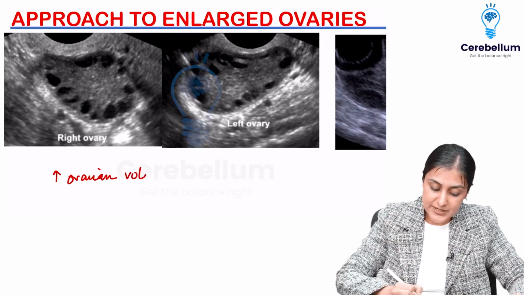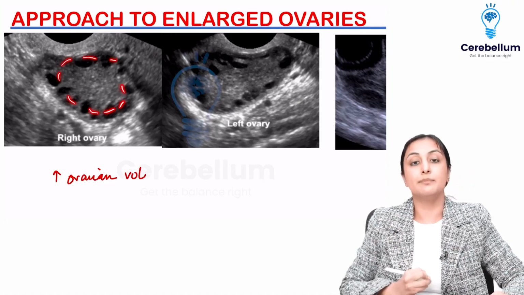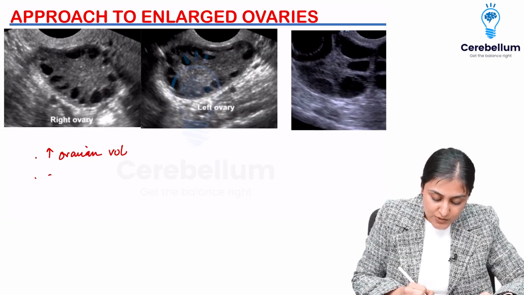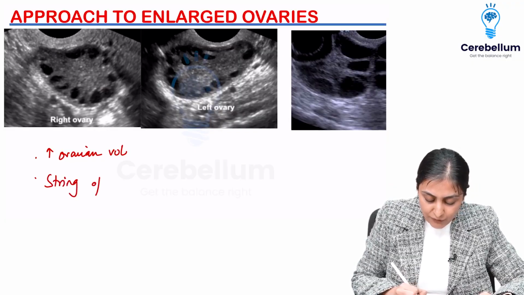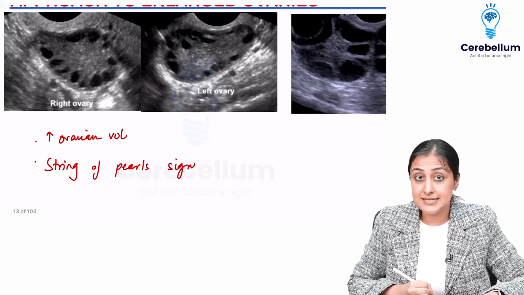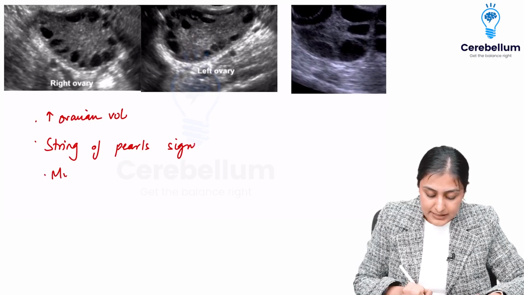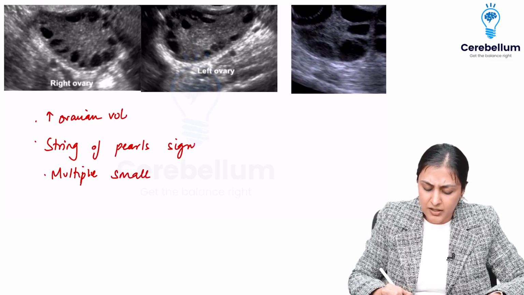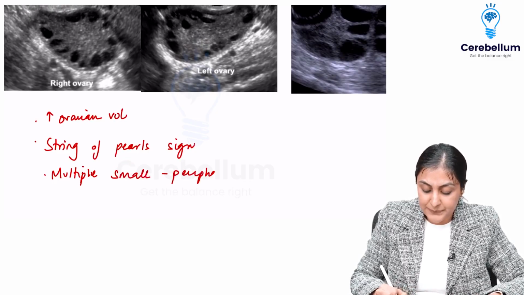The follicles are small and arranged in the periphery like a string of pearls. So this is what is called the string of pearls sign or a pearl necklace sign, where you see multiple small follicles arranged in the periphery.